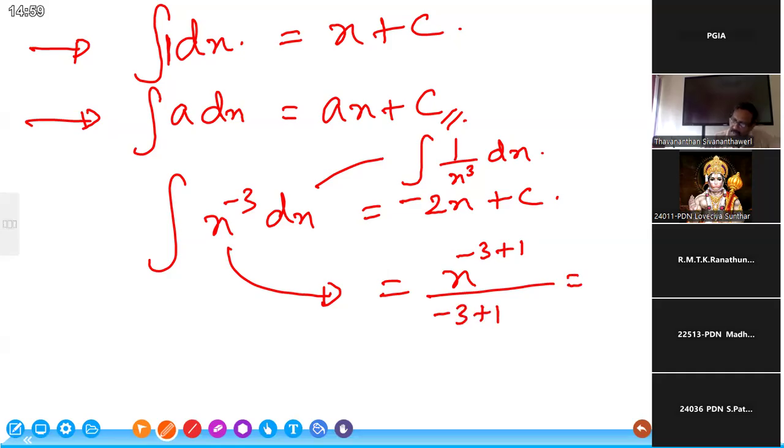So that is equal to x to the power minus 2 divided by minus 2, isn't it? So that is equal to minus 1 over 2 x to the power 2 plus c.